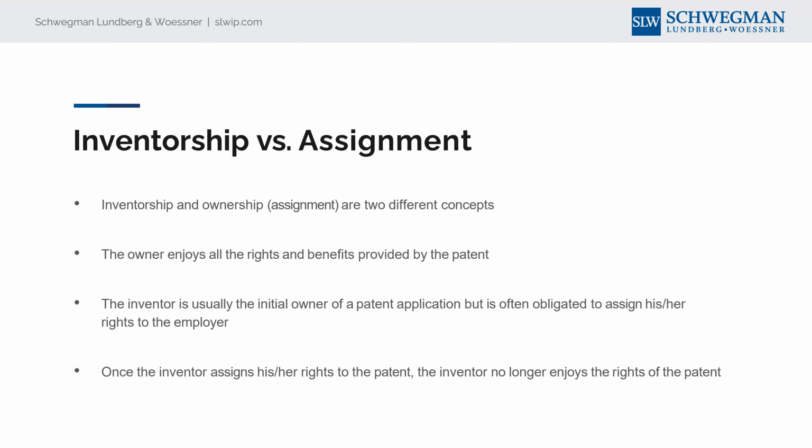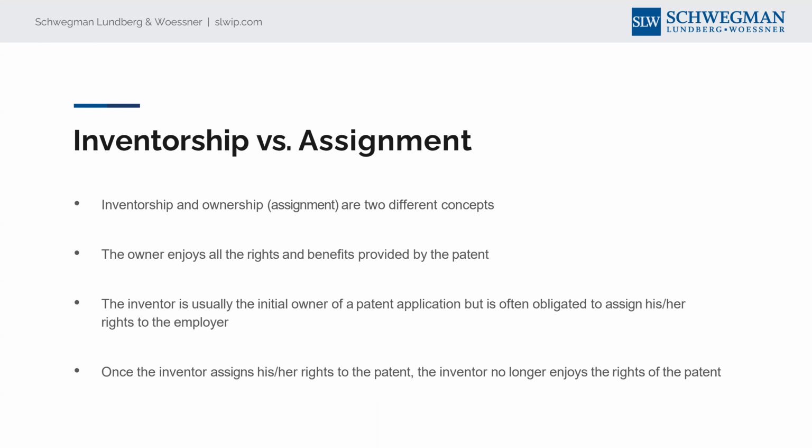So, inventorship versus assignment. Again, inventorship and ownership are completely different concepts. The owner enjoys all rights provided by the patent and is, by operation of law, vested with ownership of the patent outright. So absent any agreement to the contrary, whoever is classified legally as an inventor owns all rights to the patent.